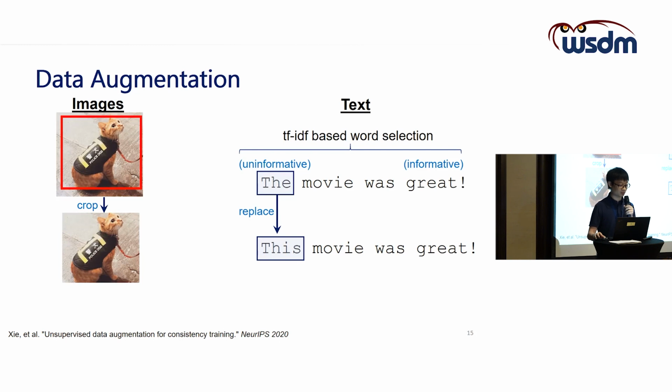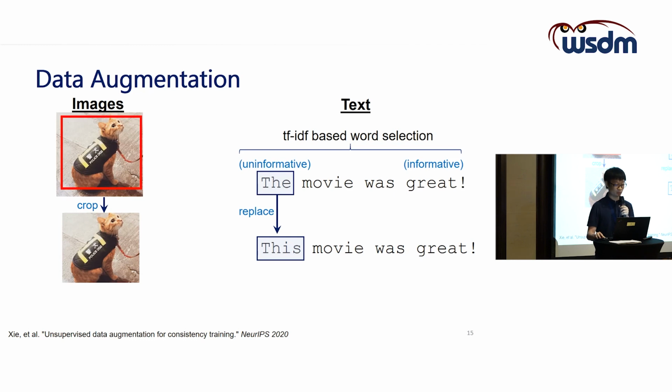One of the popular techniques is cropping. We would take this red box over here, and then we crop the image, usually in some kind of randomized way. This produces a new set of images which are in some sense more diverse. And you can also do a very similar thing for text data.